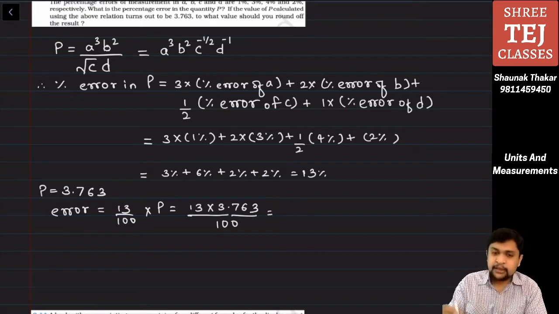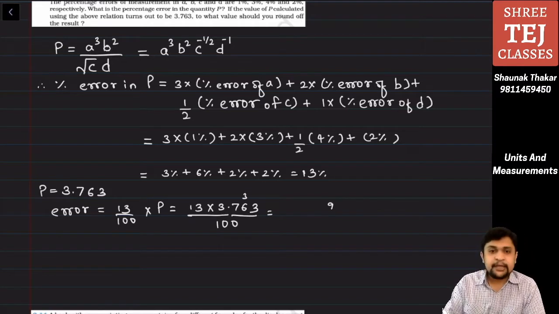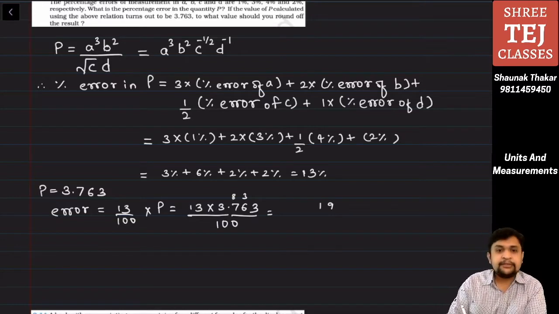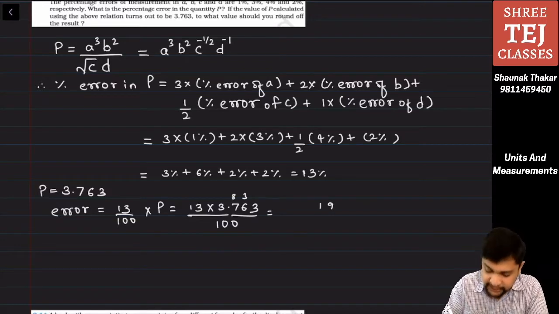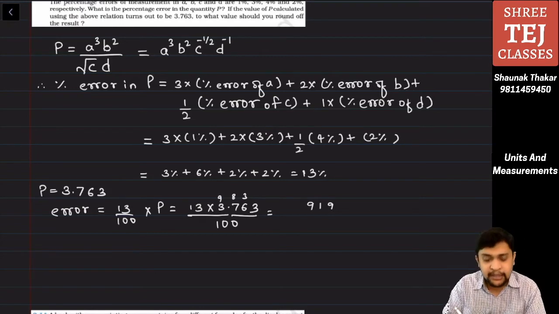So here we get 13 3s are 39, 9, 13 6s are 78, 78 plus 3, 81, 1, 8, 13 7s are 91, 91 plus 8, 99, and 13 3s are 39 plus 9, 48.